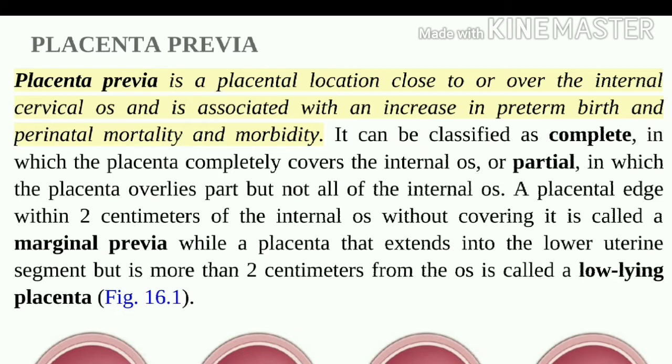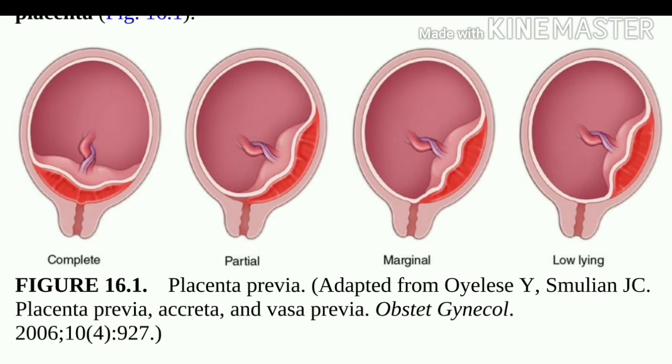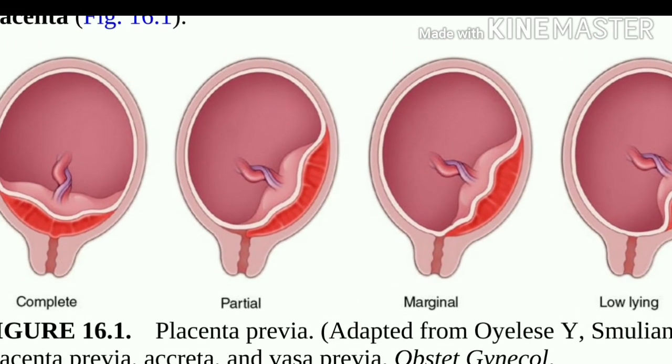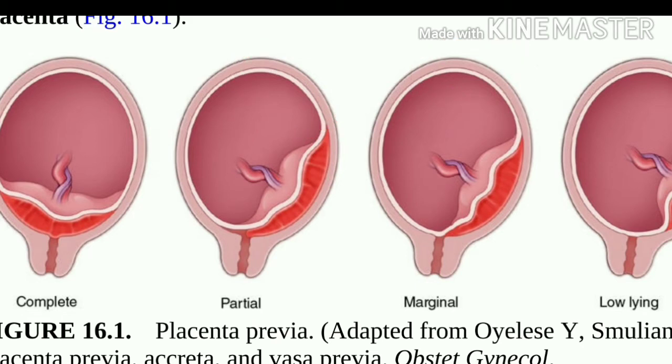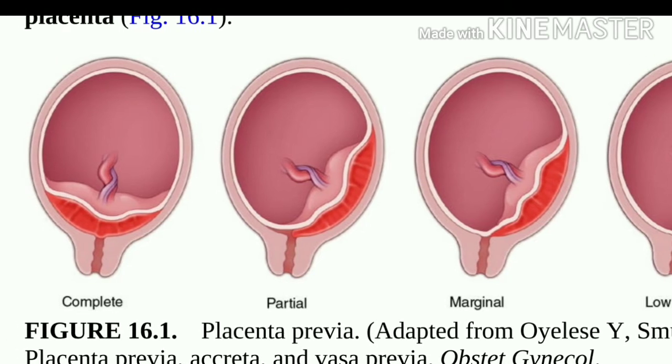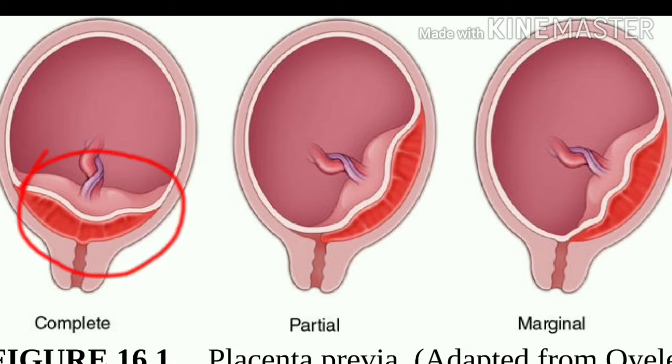Placenta previa is a condition in which the placenta, which should normally be present near the fundal region of the uterus, instead comes down and sometimes completely covers the internal os, or sometimes partially. In the first image we can see the red area completely covering the cervical internal os. This condition is called complete placenta previa.